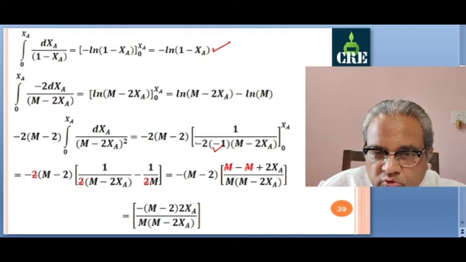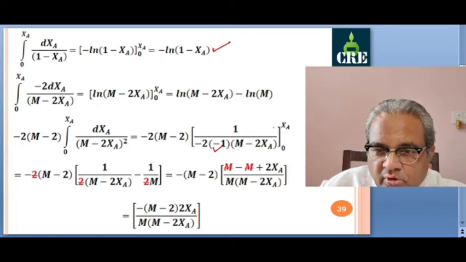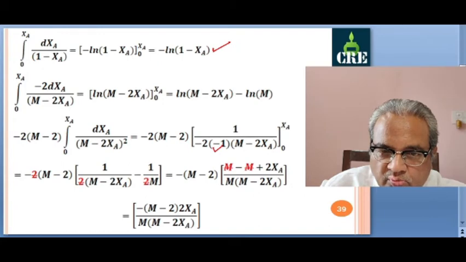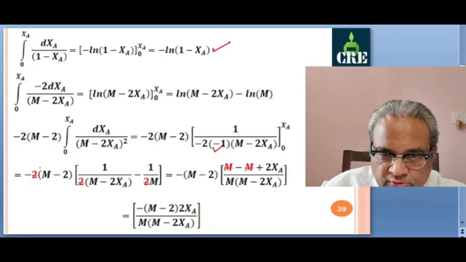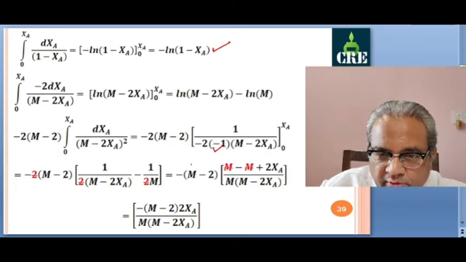Minus 1 plus minus 2 is plus 2. 2 into m minus 2xa we will get here for the upper limit. When xa is equal to 0, we have simply minus 1 upon plus 2 into m, minus 1 upon 2 into m. So this 2 is common and we cancel it out with this 2 in the numerator. So this term goes. What is left is the minus sign and m minus 2 here only.